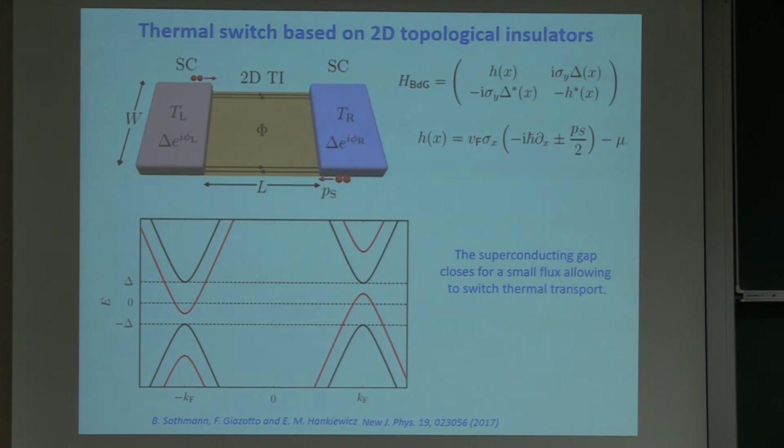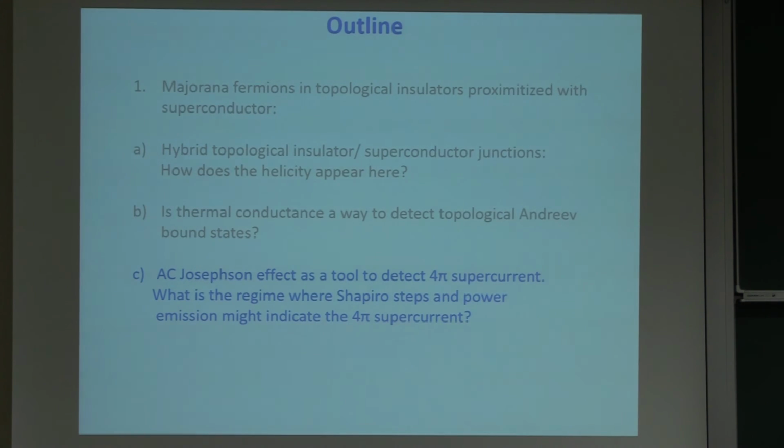But the moment I close the gap, I expect quite a large response of my superconductors, because again I am talking about quasi-particles. So I can make this kind of thermal switch by putting in this flux and closing the gap in my system. Okay, so this is more or less the part concerning detection and understanding of these Andreev bound states in thermal transport.